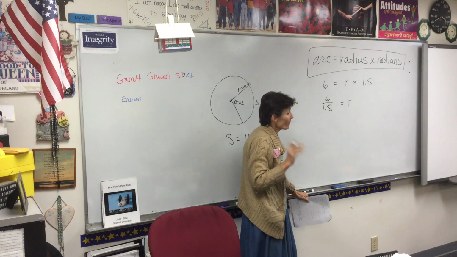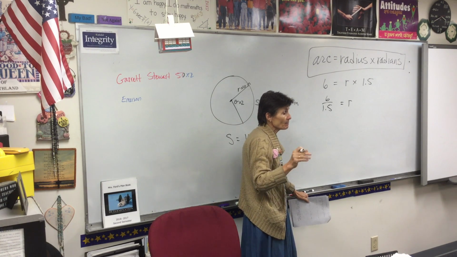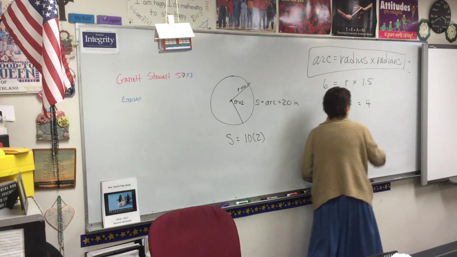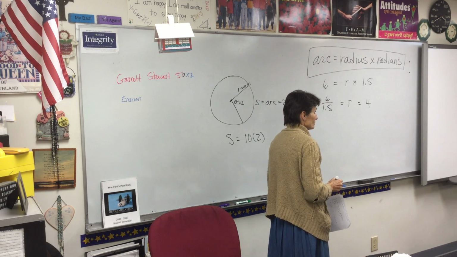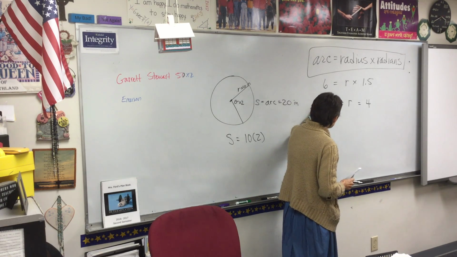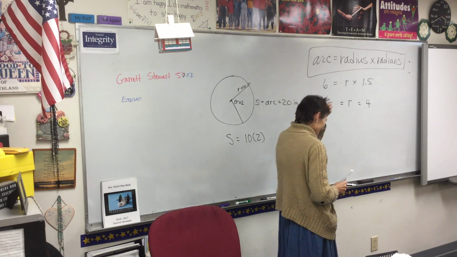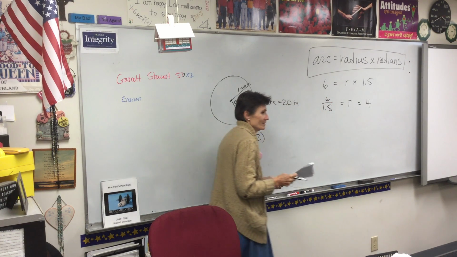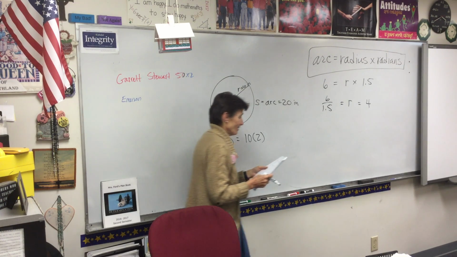And if that freaks me out, I do have a calculator. I can type it in. And the answer to the question is? 4. Sam. Oh, my bad, I had it wrong. 6 divided by 1.5.